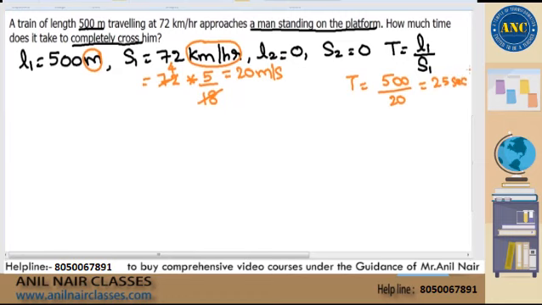Yes, Shiva Prasad, you are right, sir. Answer is 25 seconds. Just a preliminary question to start with. We will start with easy questions, then the next level. Close to around 9 to 10 questions we will solve using this concept.